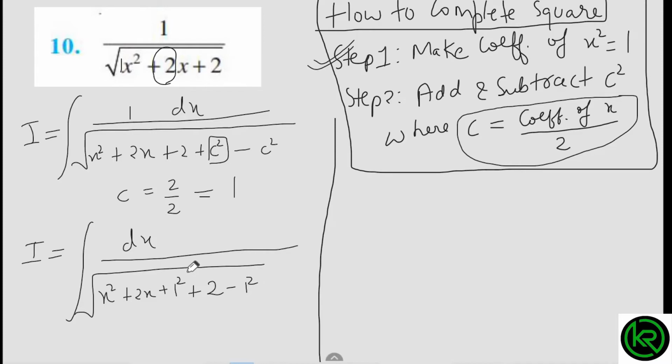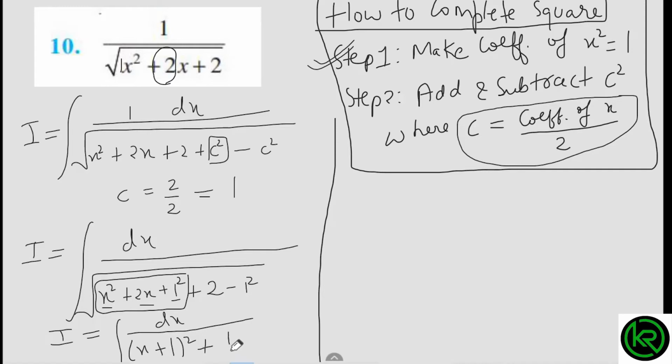Okay students, and see this, students, this is forming the formula a square plus b square plus 2ab. Okay, a square plus 2ab plus b square. So a square plus 2ab plus b square is a plus b whole square. Okay, so we will get x plus 1 whole square, and 2 minus 1 is 1, we can write 1 square.